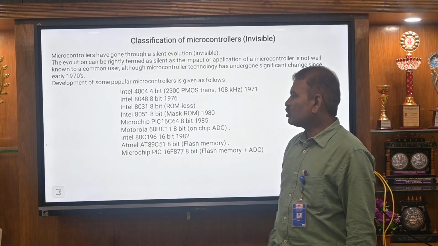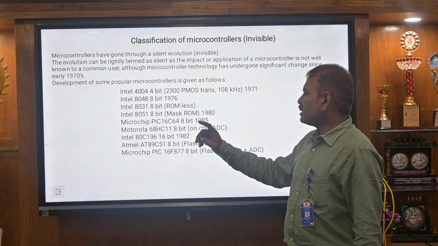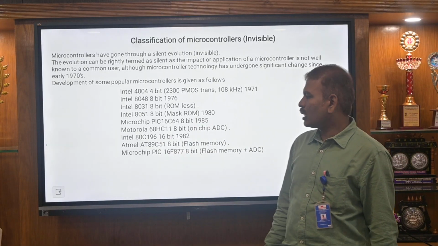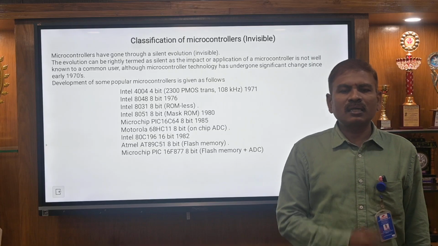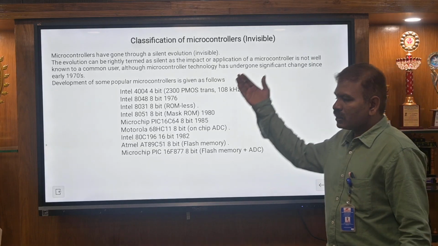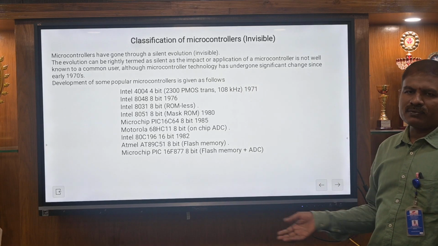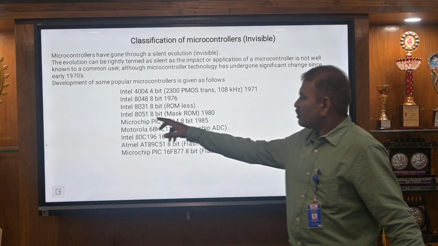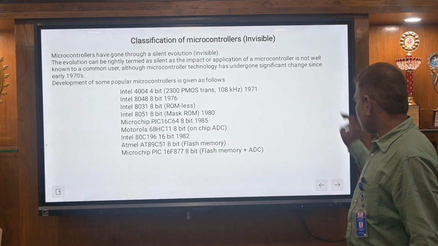After that came Microchip PIC 8-bit in 1985, then Motorola, and then more versions. In this evolution of the microcontroller, we are going to discuss the 8051 series.